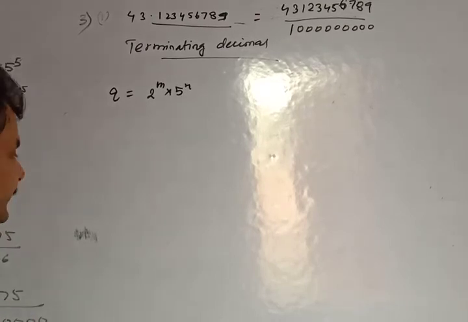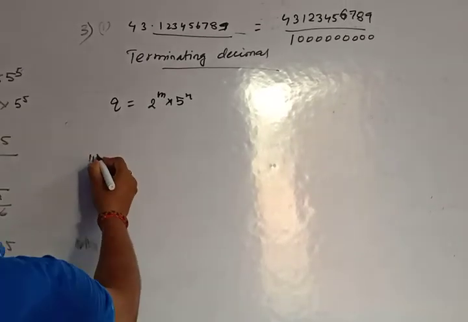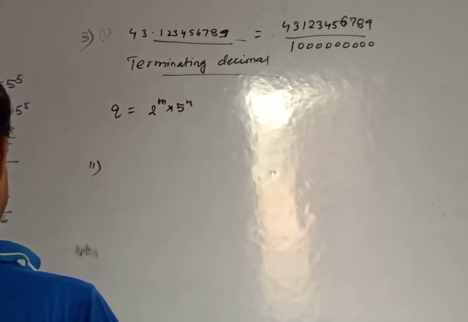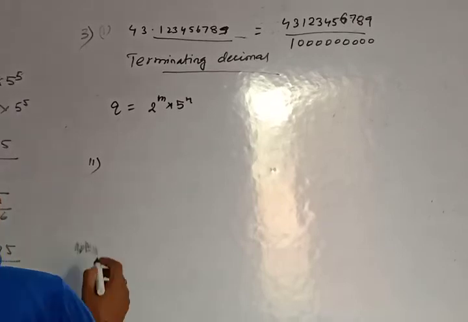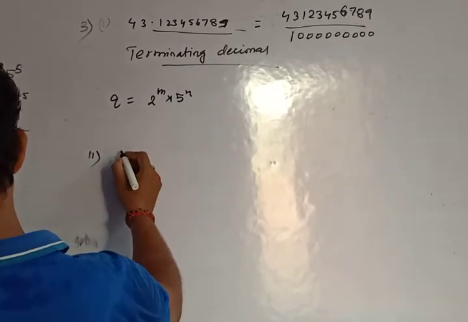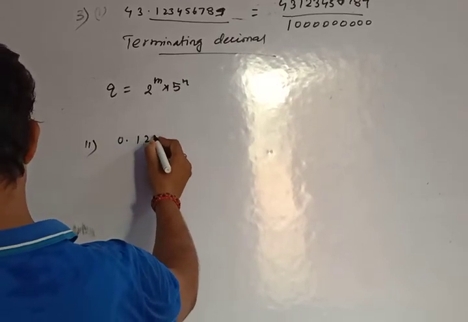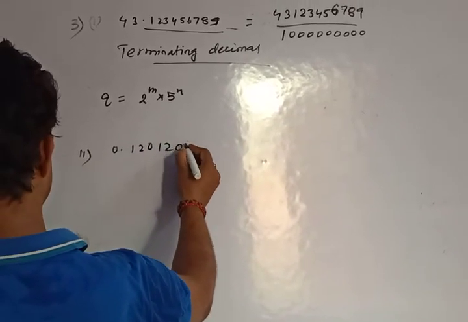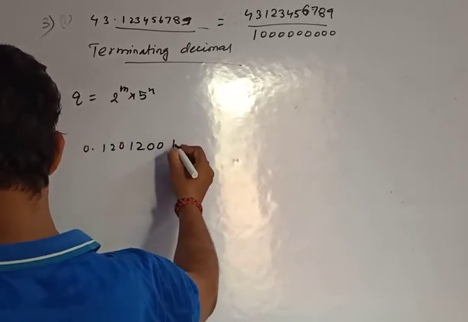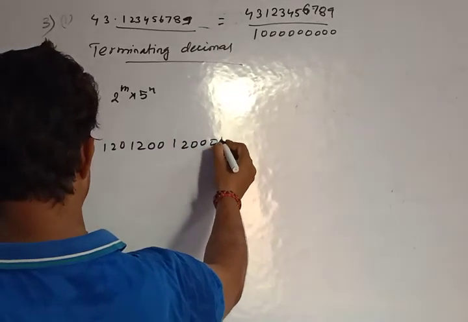Second part is 0.120120012000120000 and so on.